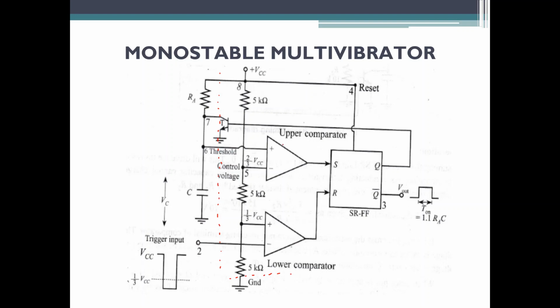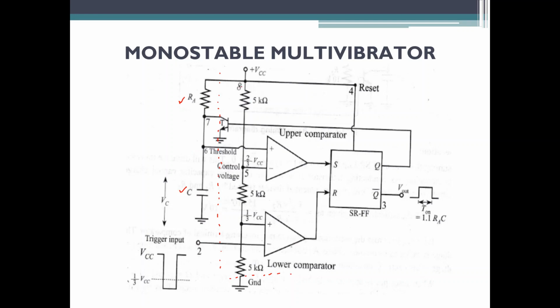An additional thing we have connected to the 555 timer IC is a resistance RA, and we have connected a capacitor C at the output side of your 555 timer. So resistance RA and capacitor C are the components which are connected externally to IC 555.